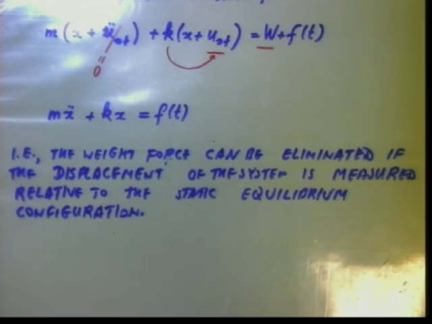That is one thing, because in a convenient system, suddenly we don't have this W. Now, the second thing is what is written here. The weight force can be eliminated if the displacement of the system is measured relative to the static equilibrium configuration.